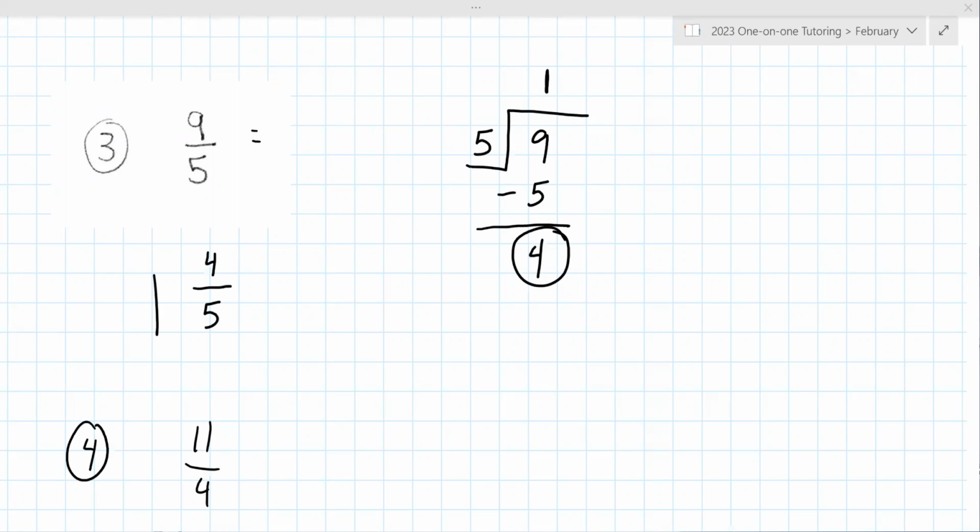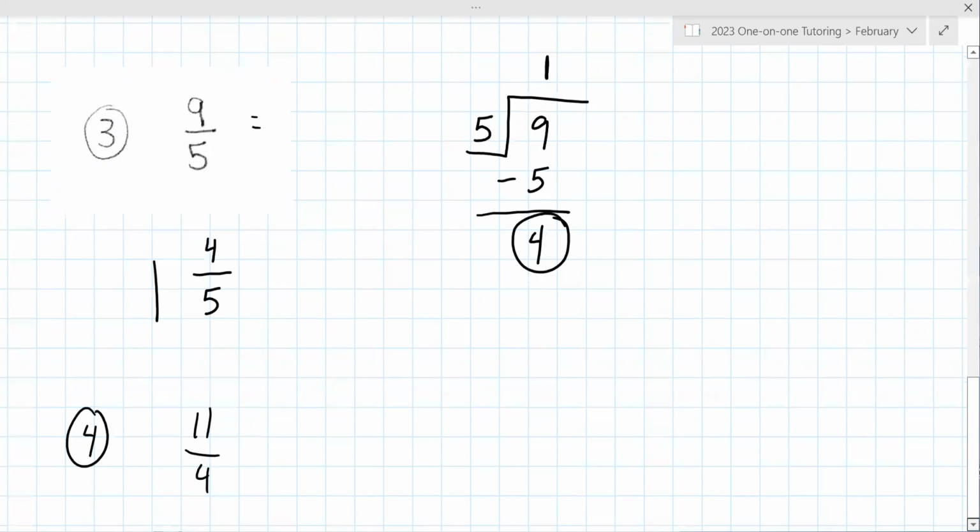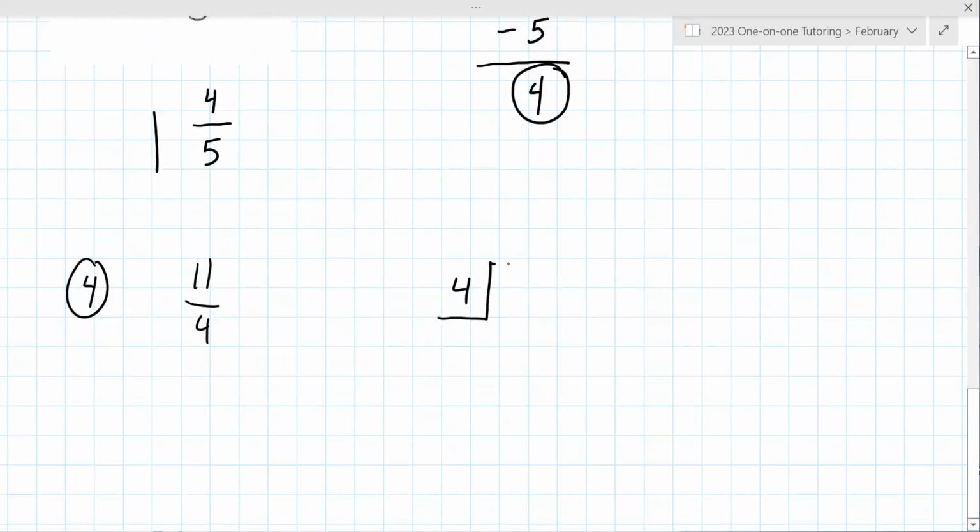Or sorry, 2 3/4. So how many times does 4 go into 11? It can go in 2 times.